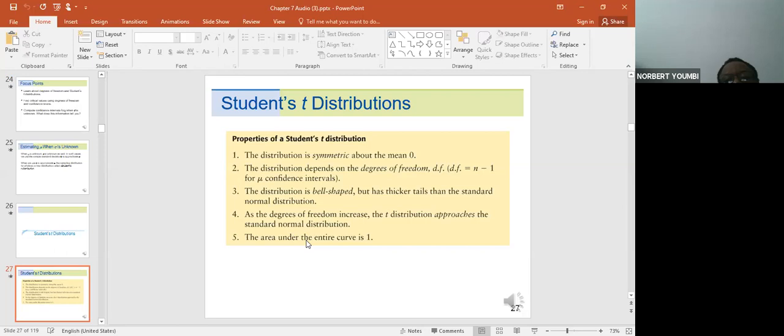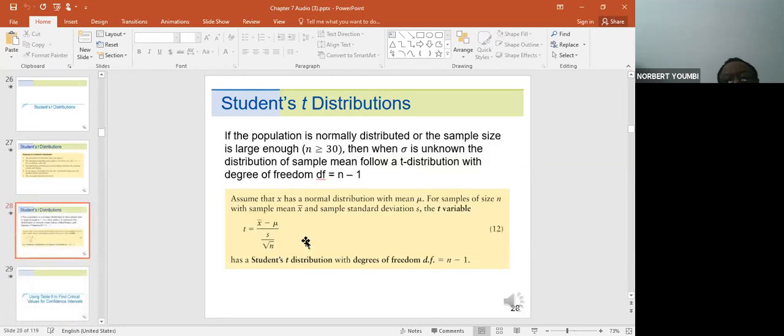The distribution, like the Z distribution, is bell-shaped, and as the degrees of freedom increase, the T distribution gets closer to the Z distribution. The total area under the curve is 1. The T distribution table is given in your textbook, and you can use that to determine the critical values. But I will encourage you to use your calculator to find a confidence interval.